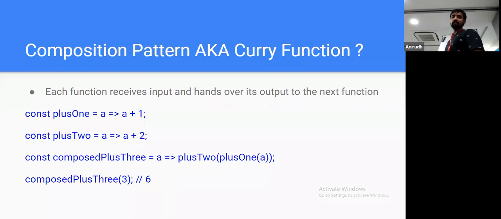We are actually returning a new copy each and every time, and at the end, in the third line, you can see we are composing +2 bracket +1 bracket A. So this is the composition pattern which is followed in React using higher order component functions. I will give you some examples regarding it, so you will get a better idea.